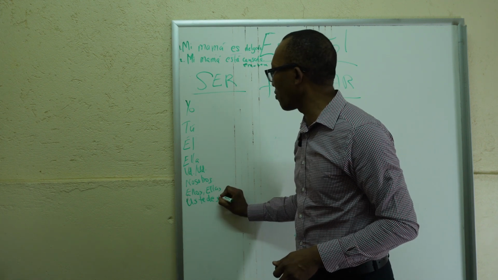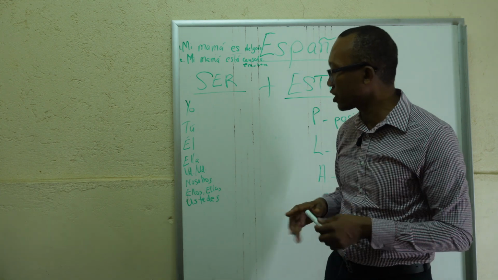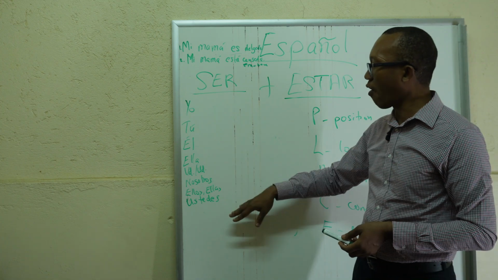I won't give you the Spain plural form for the tú, which is vosotros, so we will not do that. We'll just focus on these forms.